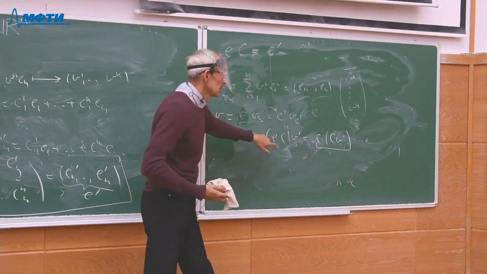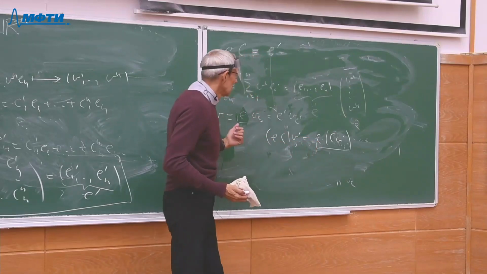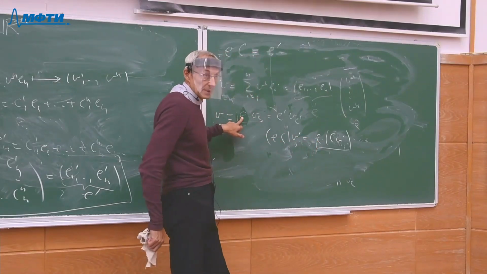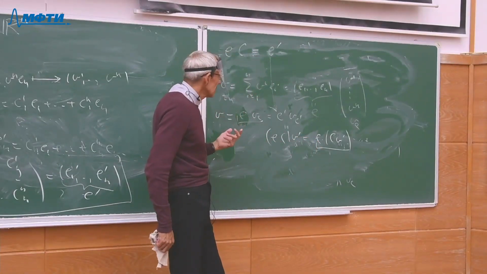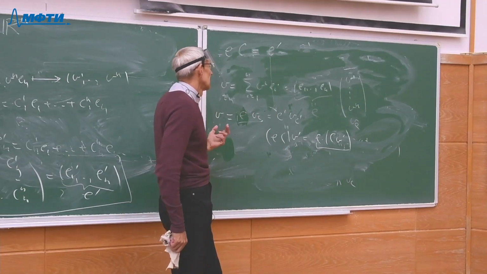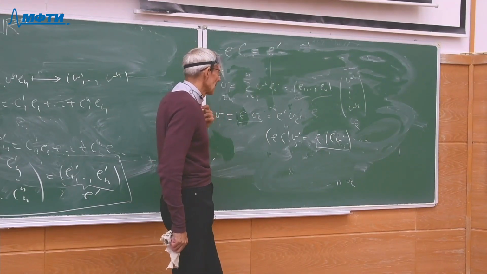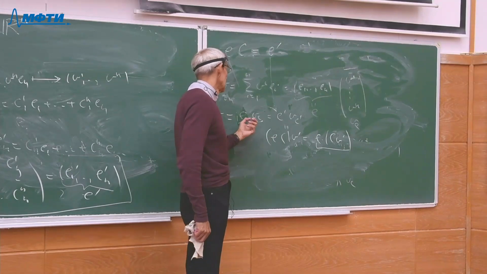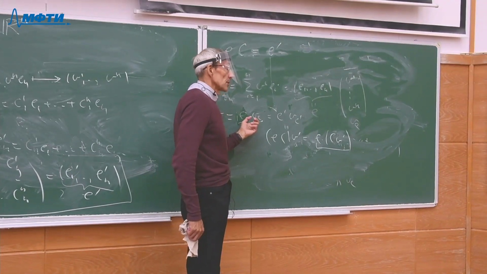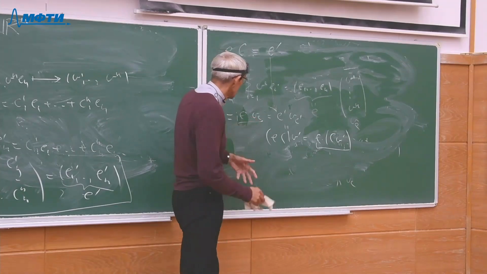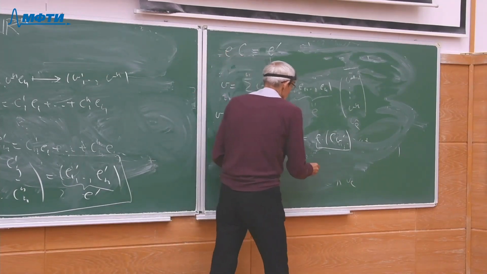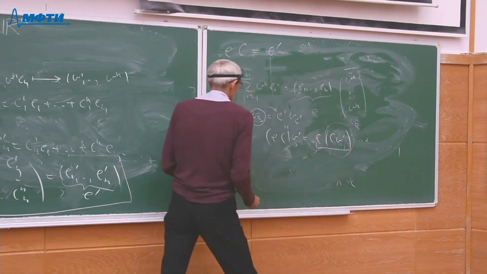This one is equal to this one. But E is a basis. It means that the expansion in terms of the basis vectors is unique. It means these coefficients are equal to these coefficients.